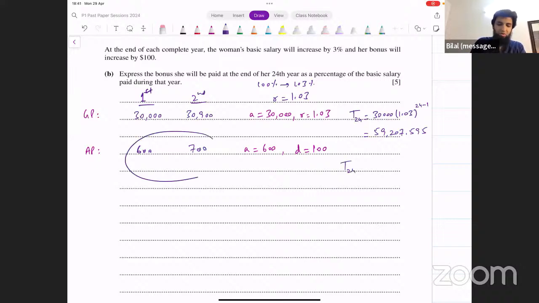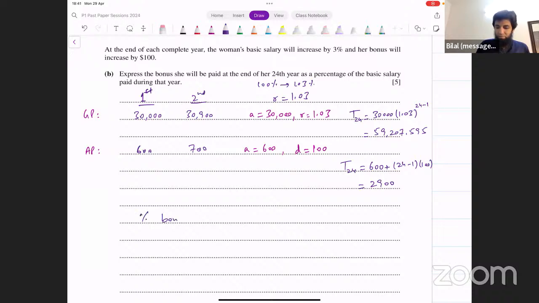Bonus is an arithmetic progression. That's a plus n minus 1 times d. So this will be 600 plus 24 minus 1 times the difference, which is 100. Let's see what this turns out to be. 600 plus 2300, that is 2900. That's the bonus.